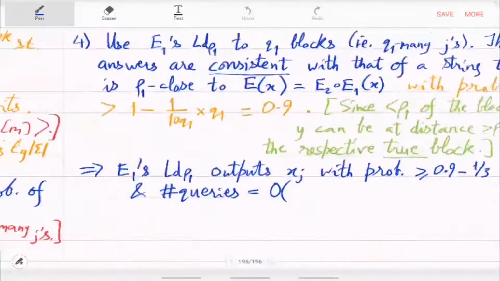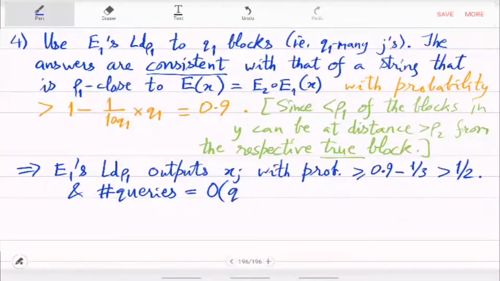So it required q2 log sigma, and this was repeated log q1 times just for probability boosting, and for E1's sake the number of blocks will be q1, so that's another q1. Okay, so this is the number of queries, and the success probability for xj is good.